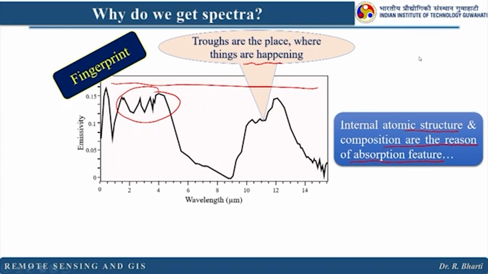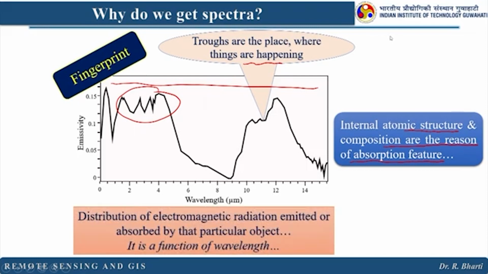So, the material composition is playing a significant role here. The distribution of electromagnetic radiation emitted or absorbed by a particular object is a function of wavelength. Remember, if you have X composition or Y composition, they have different absorption features.